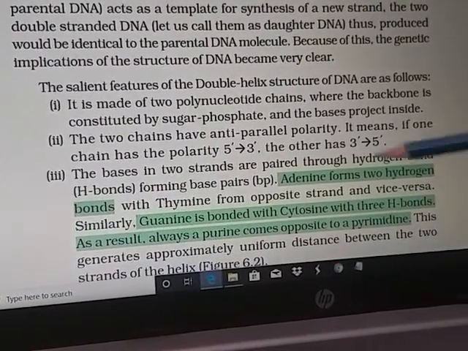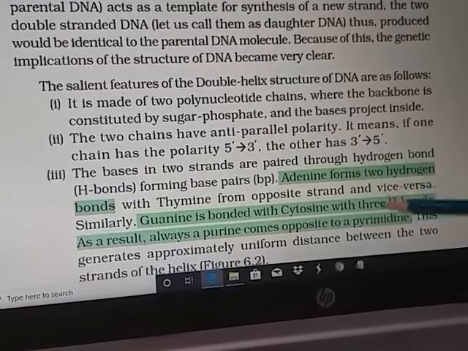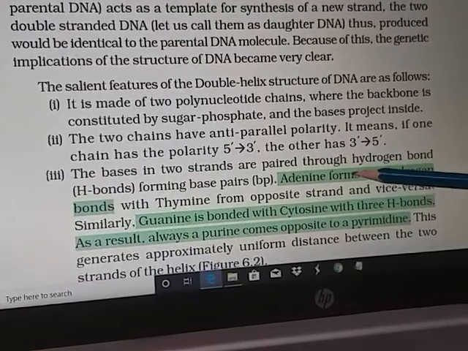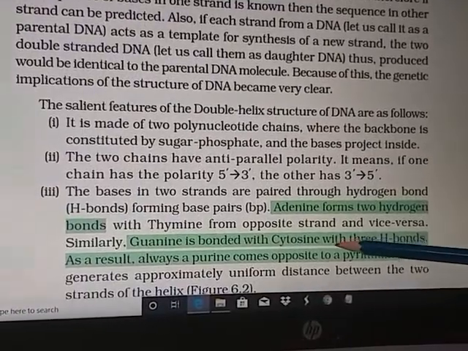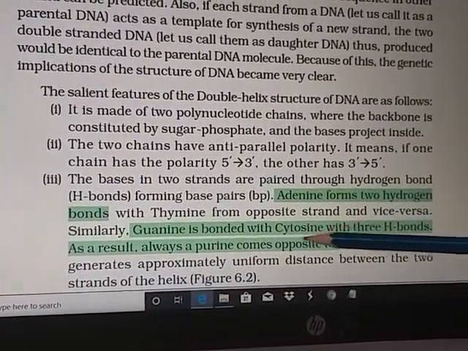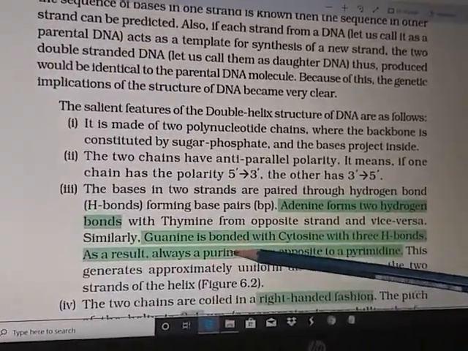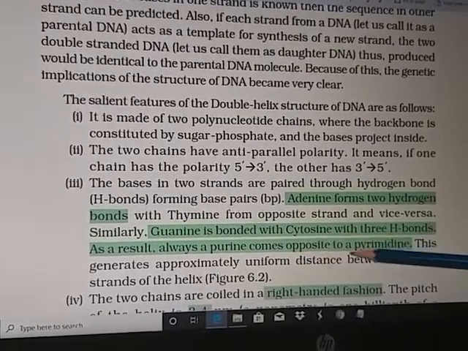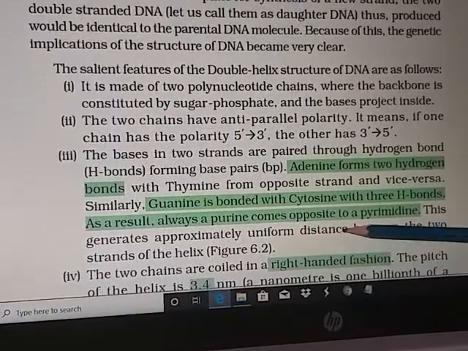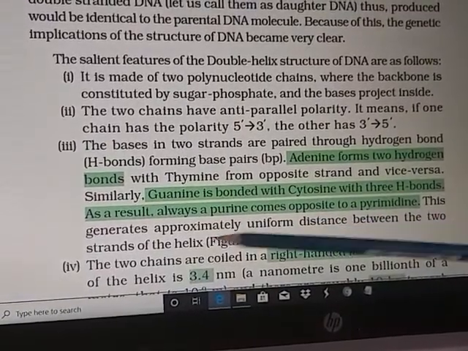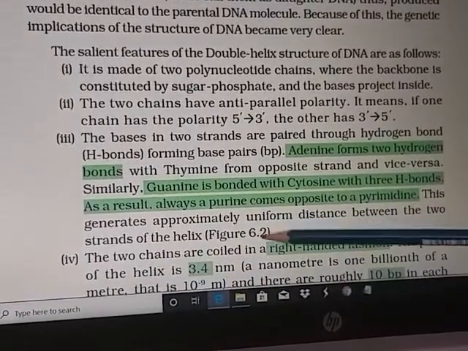It means there are always two weak hydrogen bonds between adenine and thymine and three weak hydrogen bonds between guanine and cytosine. As a result, always a purine comes opposite to the pyrimidine. This generates approximately uniform distance between the two strands of the helix.